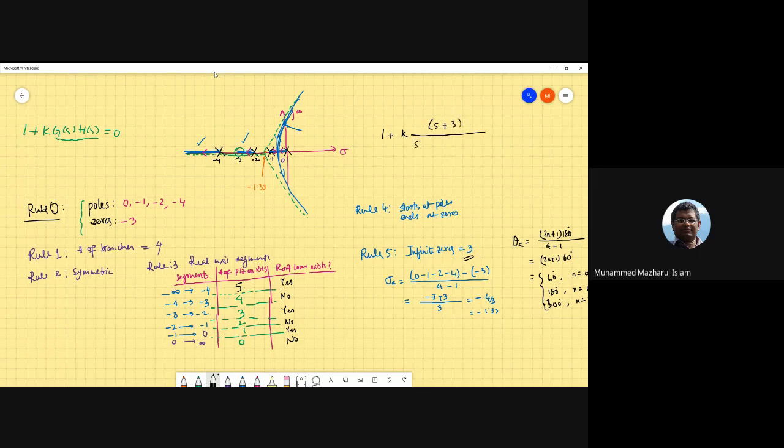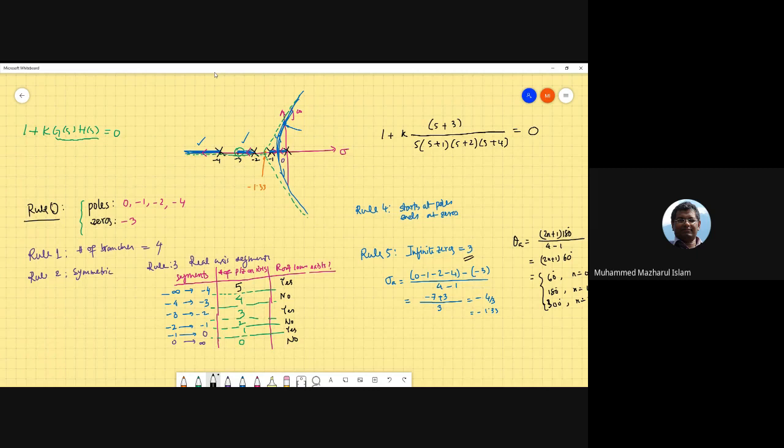Pole at the origin, s plus 0, then s plus 1, then s plus 2, then s plus 4, equals to 0. So I reconstructed the characteristic equation from the pole-zero information only.